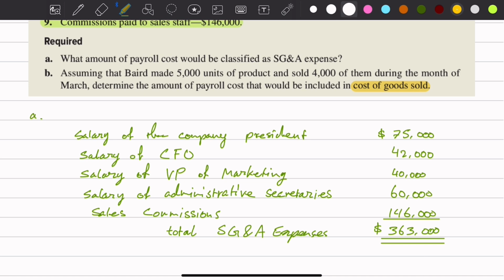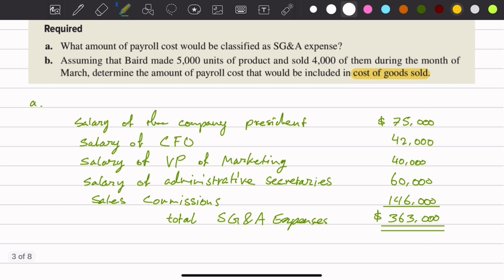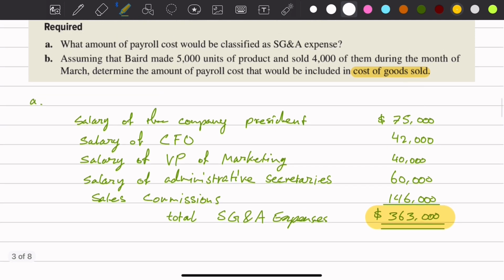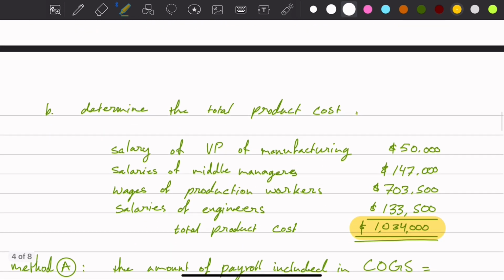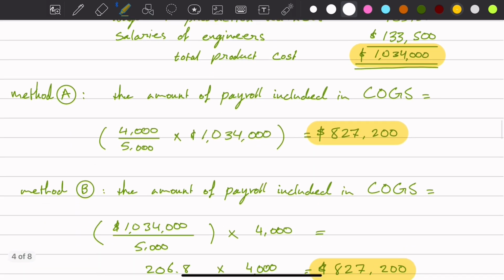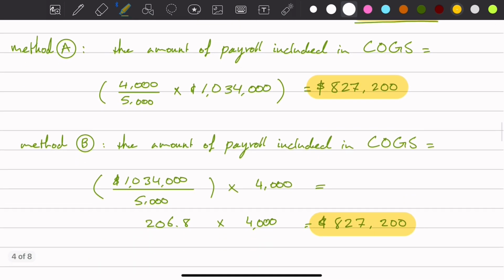So these are all the requirements. So this is part A we've done here. This is the total SG&A expense, or the amounts of payrolls that would be classified as SG&A, all right, for part A. And then for part B, the amount of payroll included in the cost of goods sold is going to be $827,200.